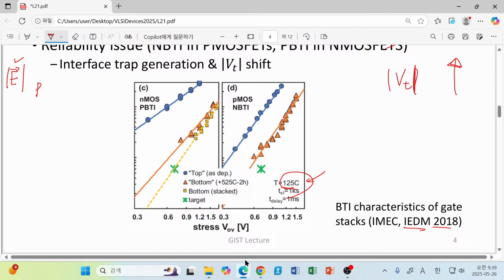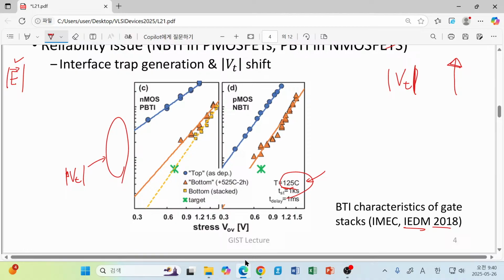Sorry, since I took it from the paper, the y-axis is missing, but it should be regarded as the absolute value of delta V compared with the brand new chip, just fabbed out from our manufacturing procedure. Now we measure its threshold voltage.